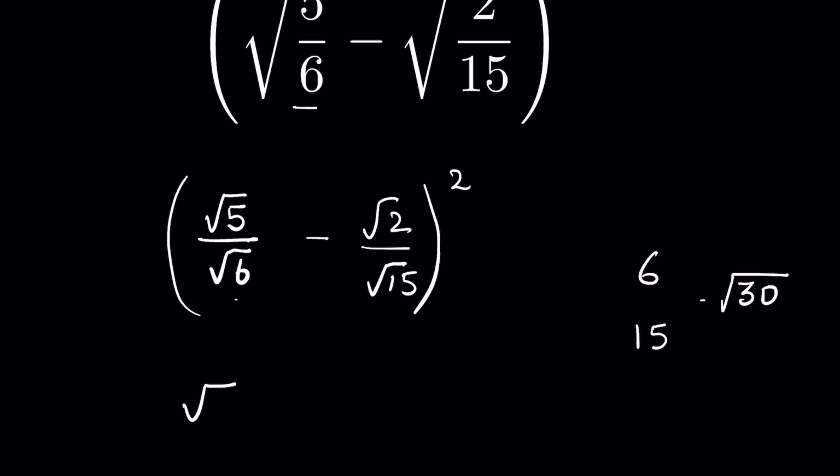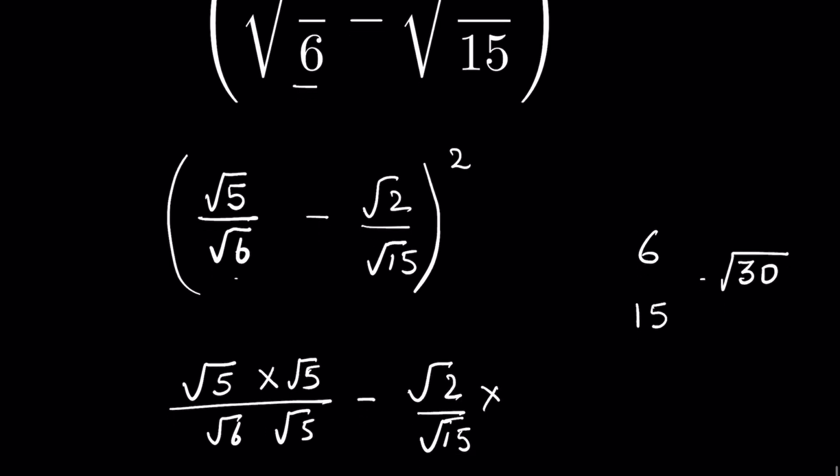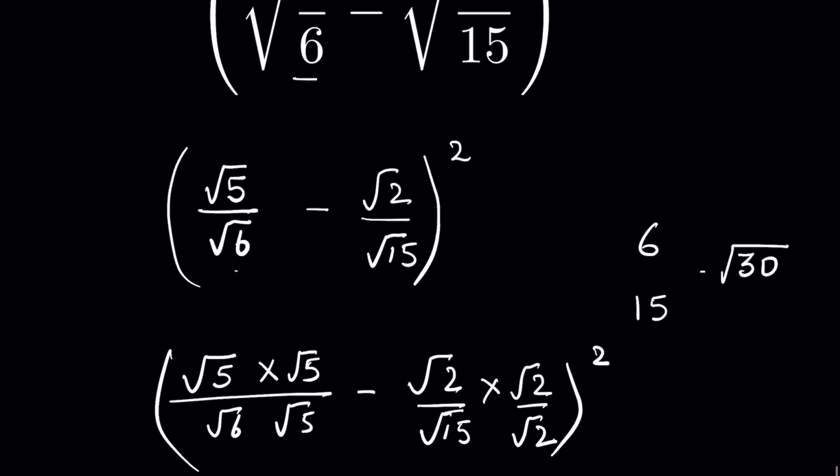So if we multiply square root of 5 upon square root of 6 by square root of 5 upon square root of 5, the fraction won't change. And this square root of 2 upon square root of 15, if we multiply it by square root of 2 and divide it by square root of 2, again the fraction won't change.